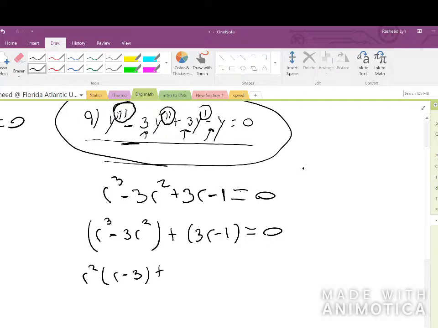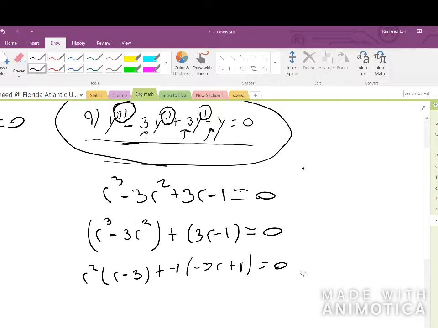And for this one, you can't really pull out anything. You could try to pull out a negative, but it's not really going to get you anywhere. Even if you pull out a 1 or a negative 1, you will have negative 3r plus 1, and they don't look similar, so you can't group them.